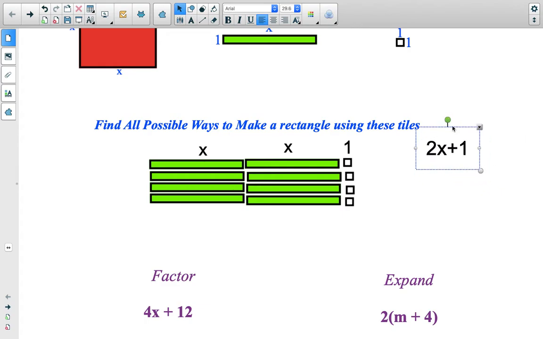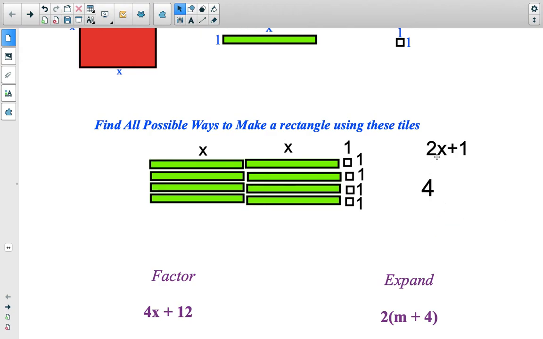That would be the length. If I talked about the width, my width is just 1, 2, 3, and 4 ones. So my width here is 4.